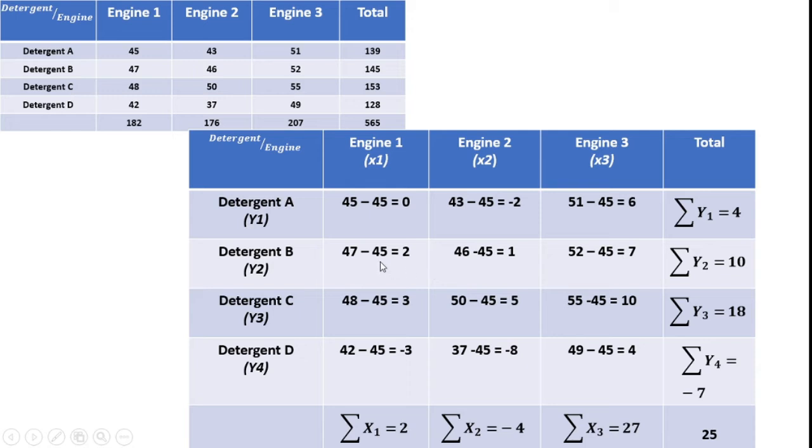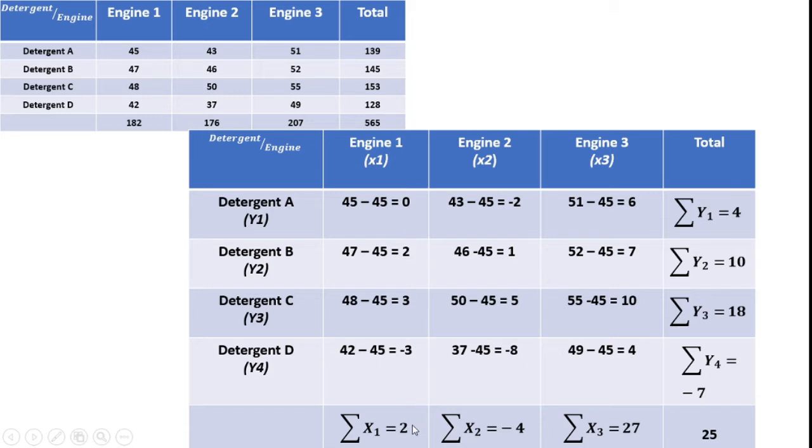Similarly, I take the second row. Here 2, 1, 7 are available. I add the elements, 2 plus 1 plus 7 is equal to 10. And also detergent C and detergent D. Not only with the Y column, I conduct the same procedure for the X column also. Here I consider the first engine, engine 1: 0 plus 2 plus 3 minus 3.